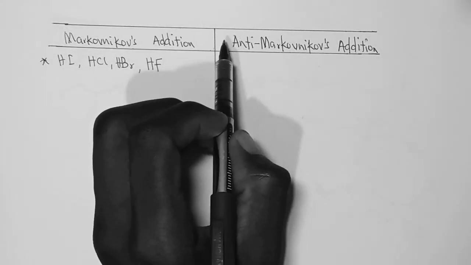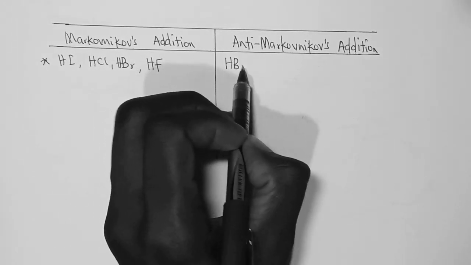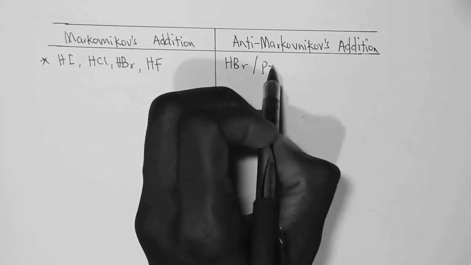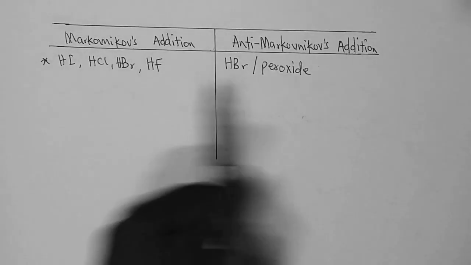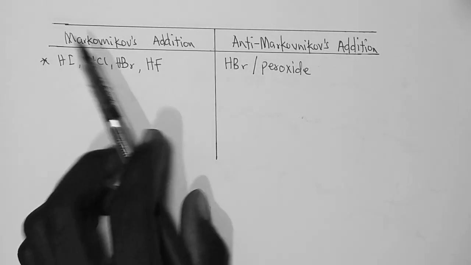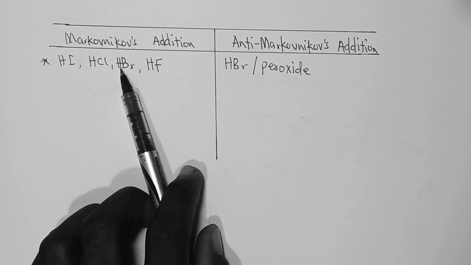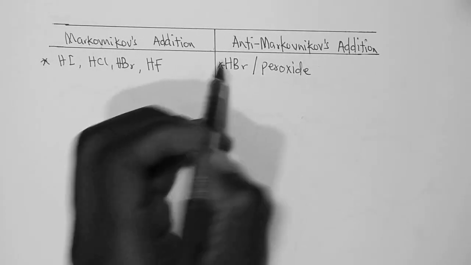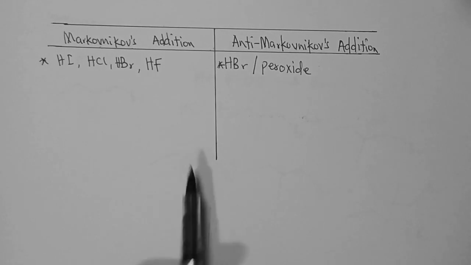But in the anti-Markovnikov's addition, you need only hydrogen bromide in the presence of a peroxide. So, what we are really trying to say is that in the Markovnikov's addition, you don't need a peroxide for the reaction to happen. But in the anti-Markovnikov's addition, you need a peroxide for the reaction to happen.